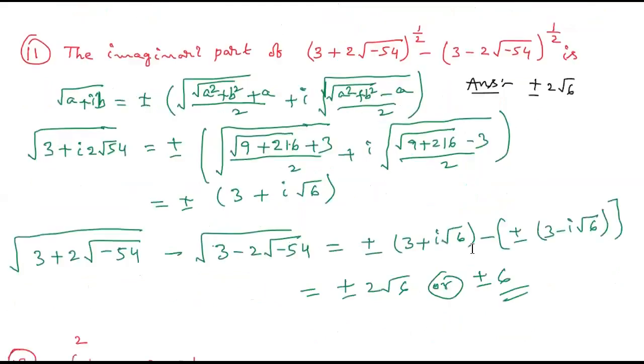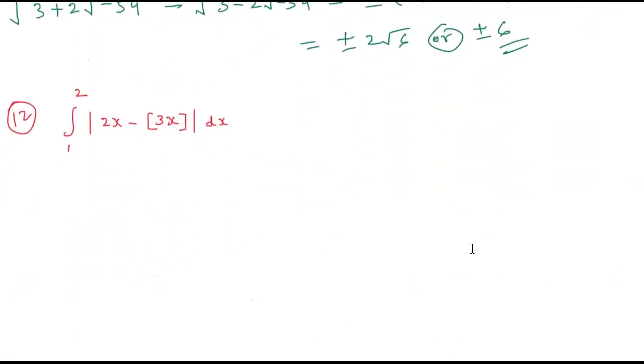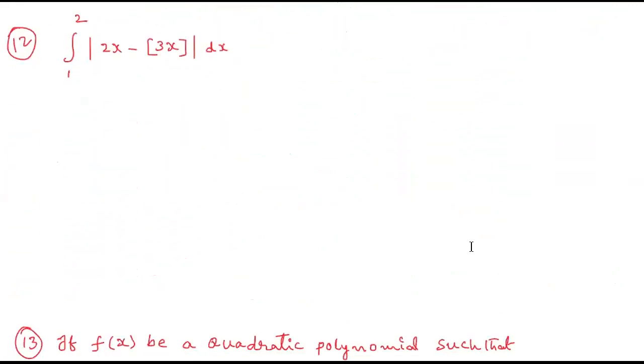Next, I'm going to another question. See here, this is the integration from 1 to 2 of modulus of 2x minus step of 3x dx. This is the question. How to do this? Integration 1 to 2 of modulus. In place of 2x, I am writing 3x minus step of 3x.